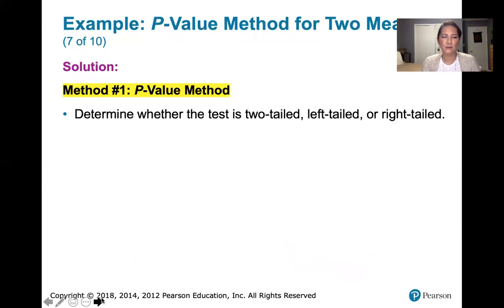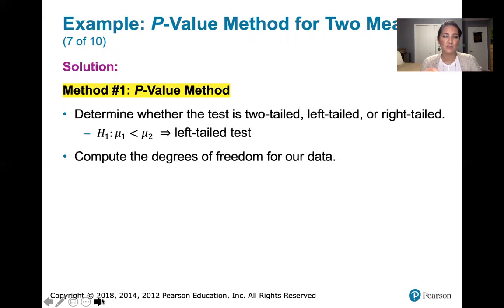In order to answer that question, we want to find the p-value that is associated with that test statistic. And finding the p-value requires us to think about whether the test is two-tailed or left-tailed or right-tailed. So in order to do that, we have to look at the alternative hypothesis. Since mu sub 1 is less than mu sub 2, we can think of that as an arrow pointing to the left. What we have here is a left-tailed test.